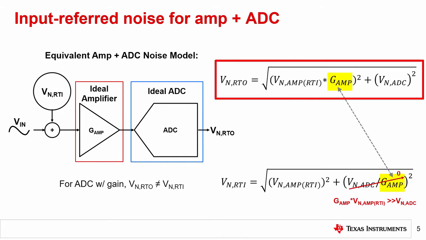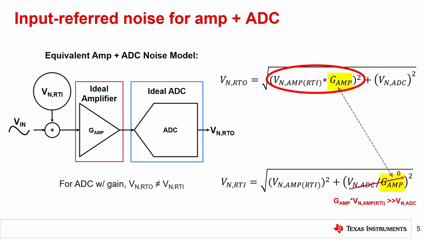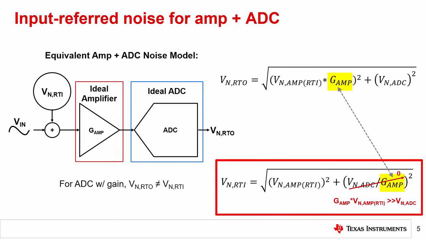The equation on the top right shows how to calculate the output referred noise of this simple signal chain. Note that the amplifier noise is scaled by its gain, G-amp. To refer the output noise to the input, you need to divide each individual noise term by the circuit gain. The equation for the input referred noise is shown on the bottom right.